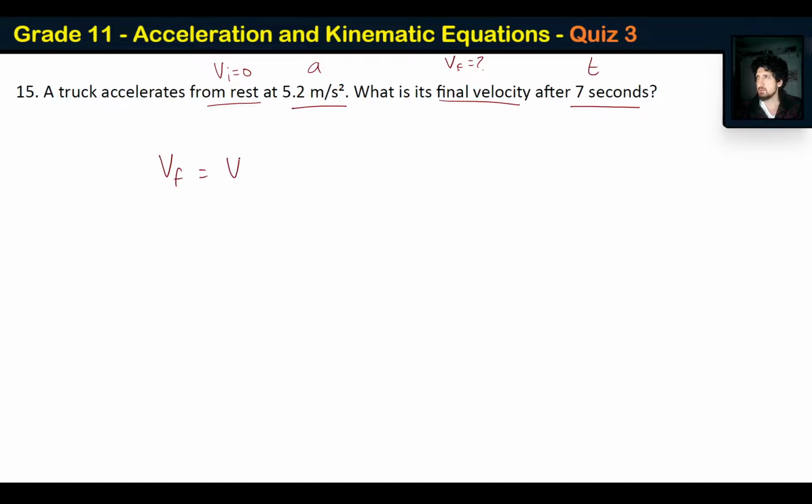Vf is equal to Vi plus a t. So 0 plus 5.2 times 7, which is 35 and 36.4. 36.4 meters per second.